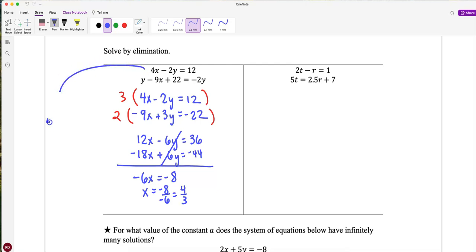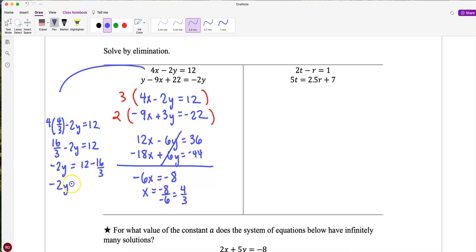So 4 times 4/3 minus 2y equals 12. So 16/3 minus 2y equals 12. Negative 2y equals 12 minus 16/3.